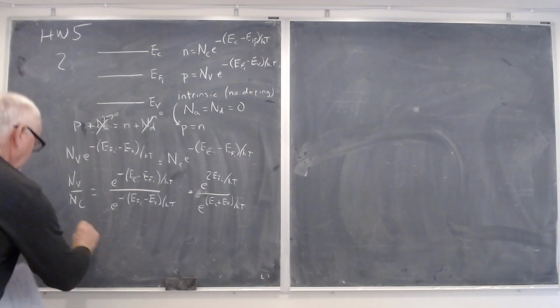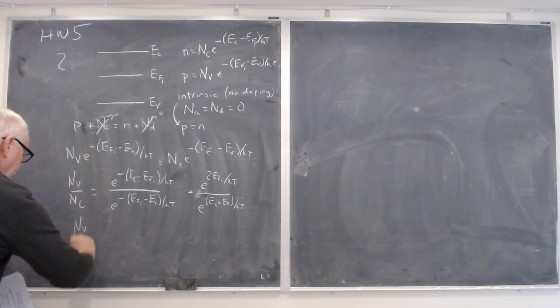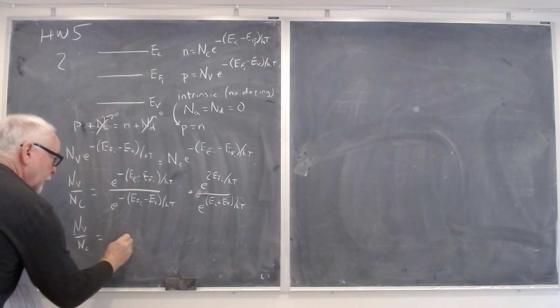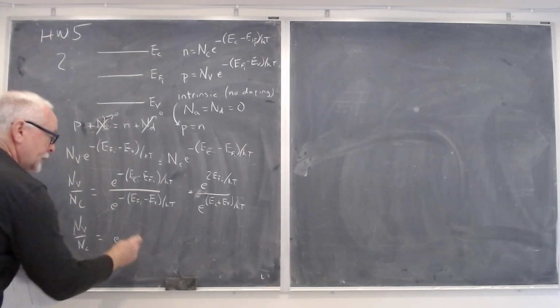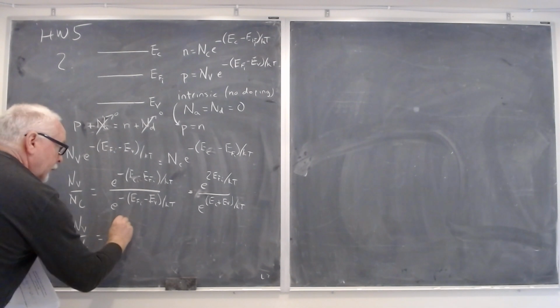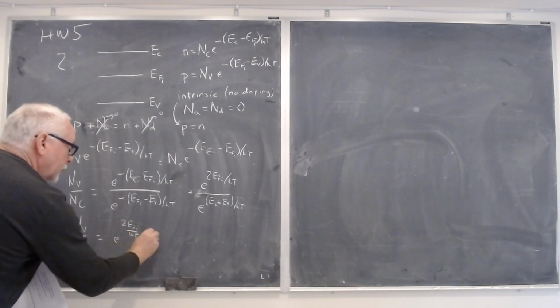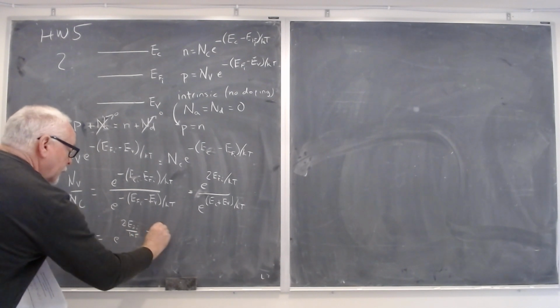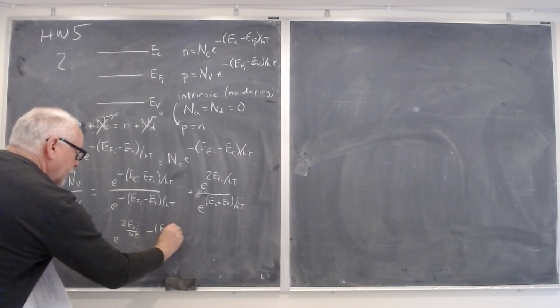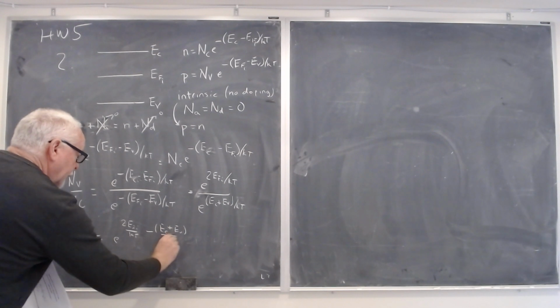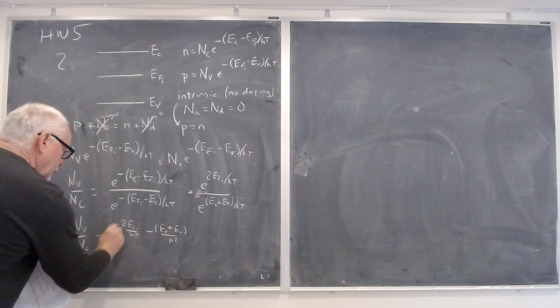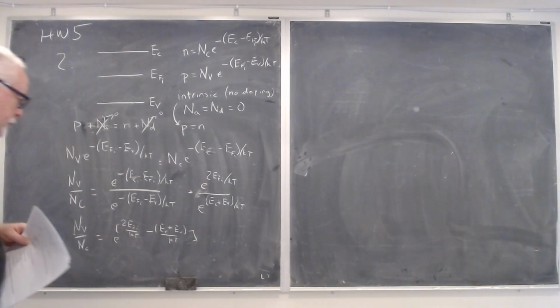So NV over NC is equal to, putting that all together in one exponent, e to the 2 EFi over kT minus (EC plus EV) over kT. All of that in the exponent.